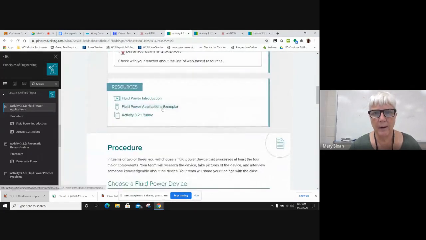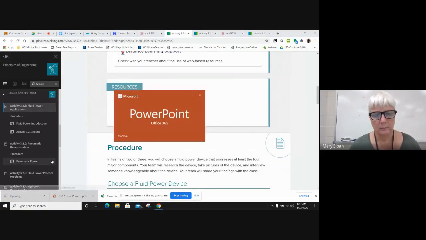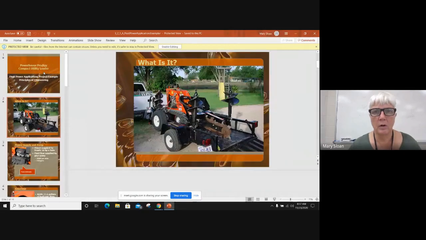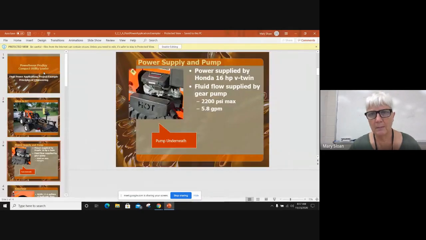Then you have the fluid power application exemplars, and then you have the 3.2 rubric. This one here is where it's asking you what it is.